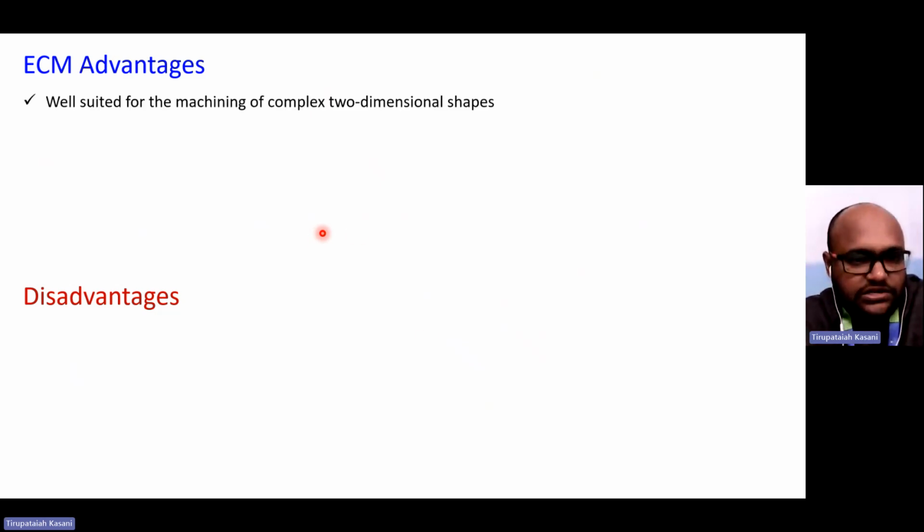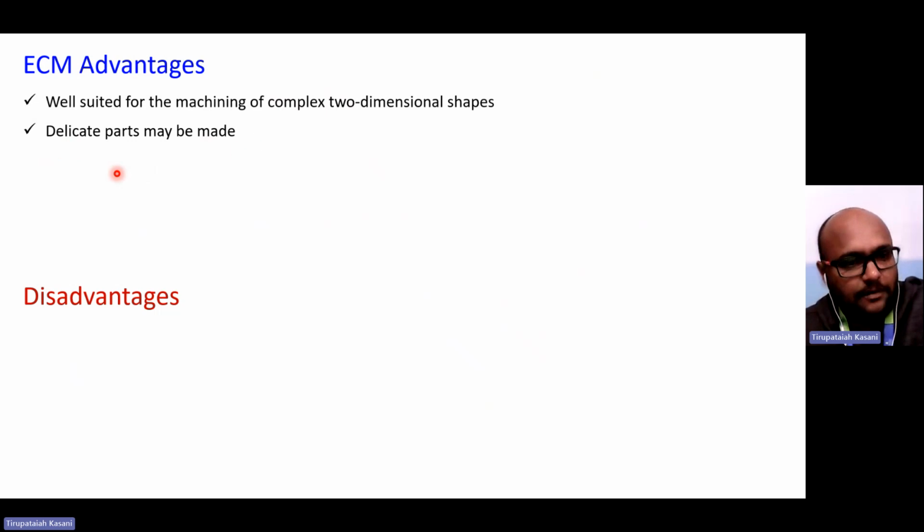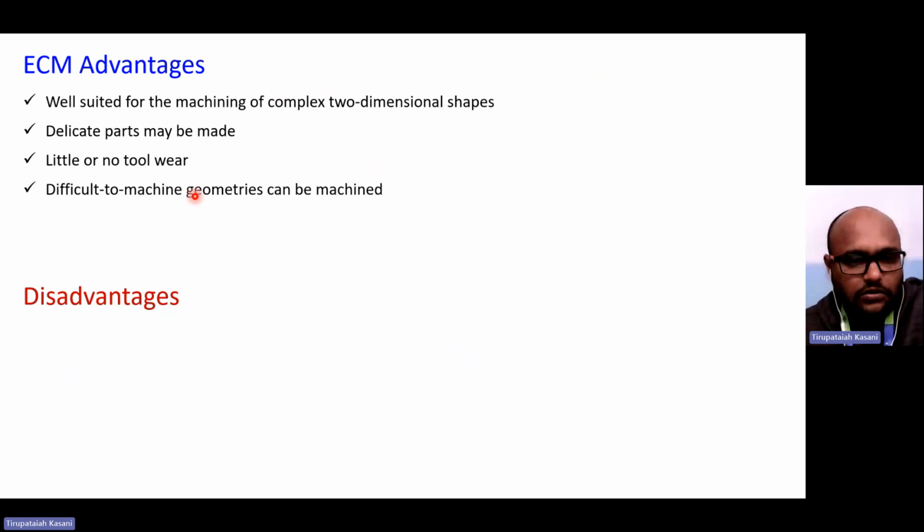See here, ECM advantages and disadvantages. Well suited for the machining of complex two-dimensional shapes. If you see ECM, the 3D profiling, that is two-dimensional shapes. Delicate parts may be made. Little or no tool wear, and difficult to machine geometries can be machined.